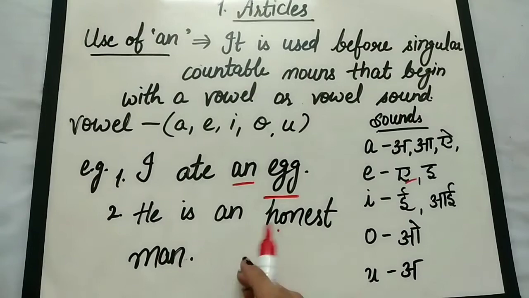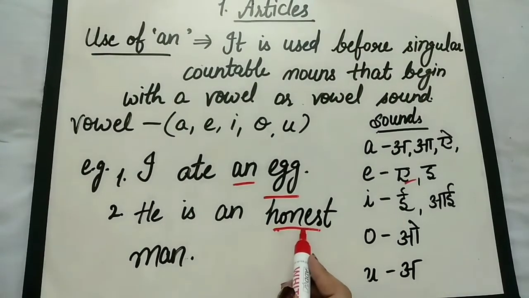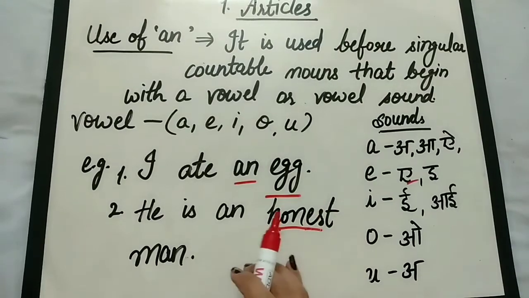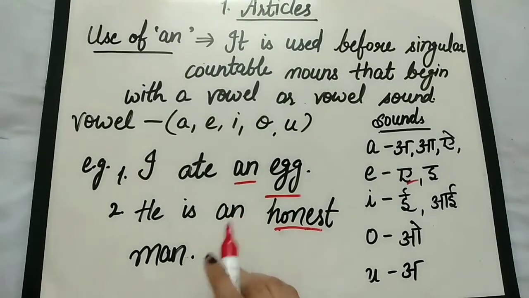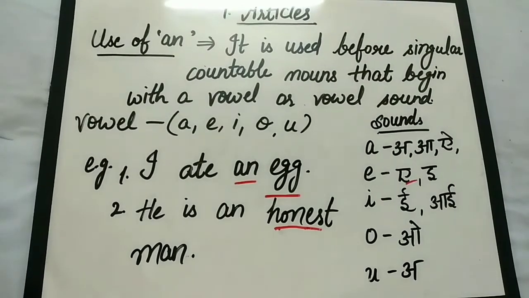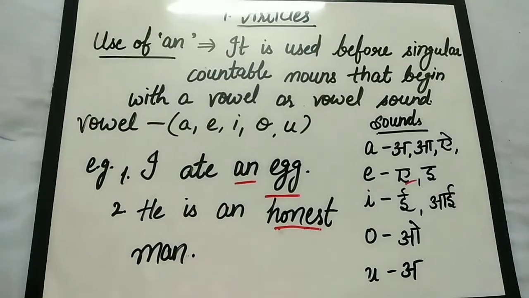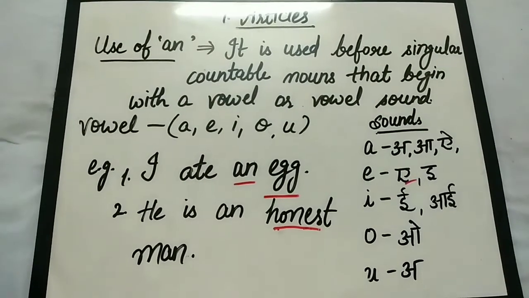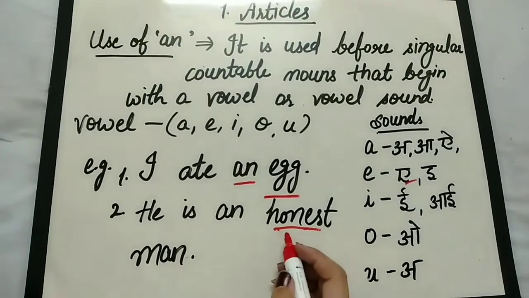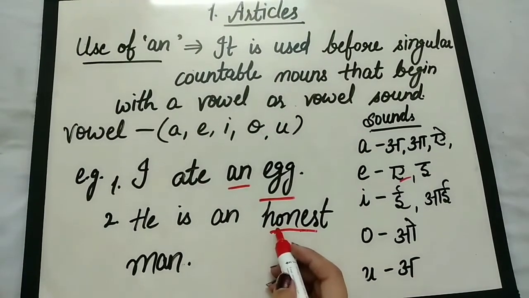An honest man. The word honest is not the noun, it is an adjective, but there is something special about articles, that they are also used before adjectives and also before some collective nouns. So what is the sound of this adjective word honest?